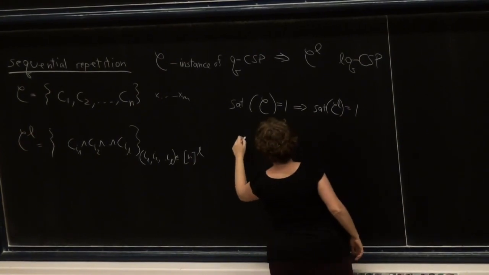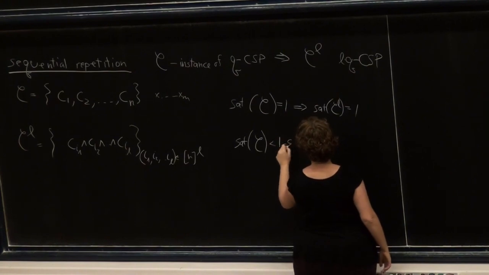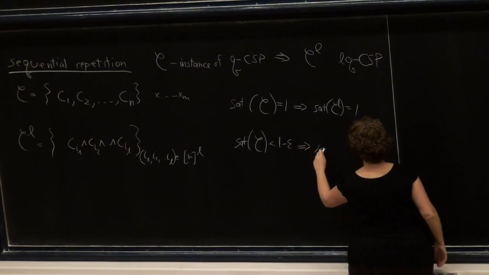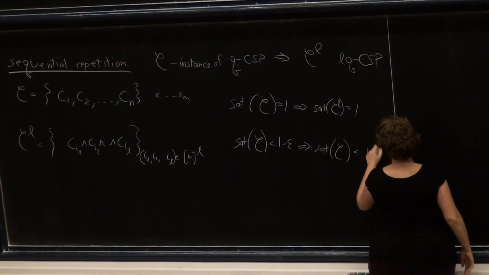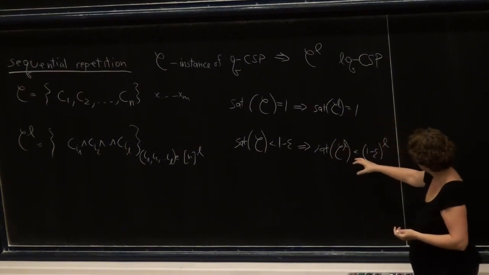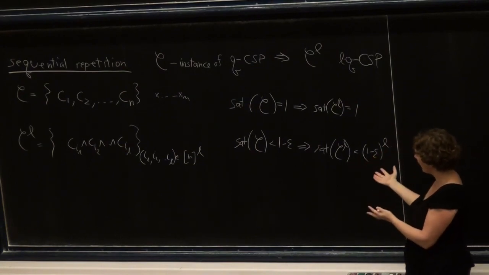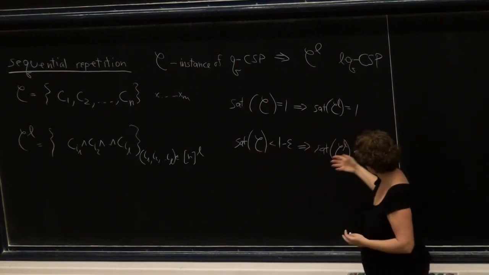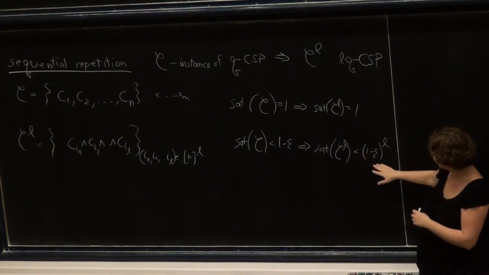But if you know that no matter what you do, sat of C is no more than 1 minus epsilon, think of this as being 1/2 for example, then the C to the L instance can never be satisfied by more than (1 minus epsilon) to the L. The reason is whatever assignment you gave, it falsifies at least epsilon of the clauses here. And so what fraction of the clauses can be perfectly satisfied? No more than this.